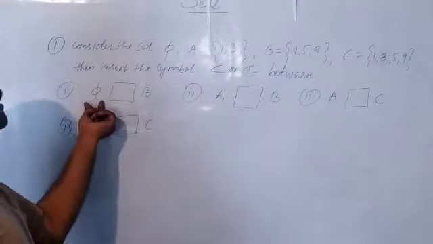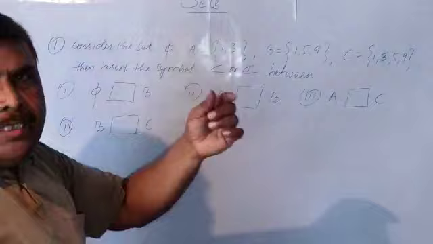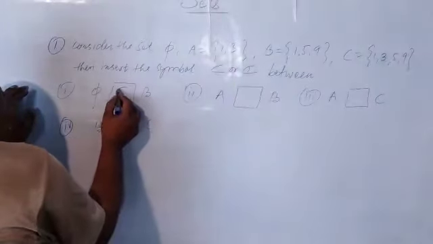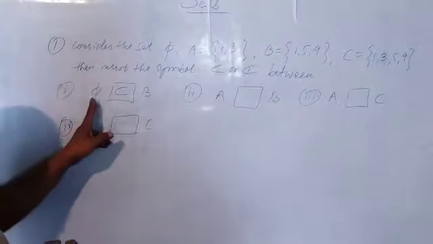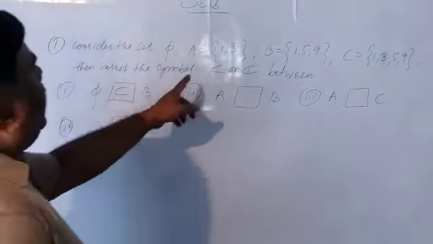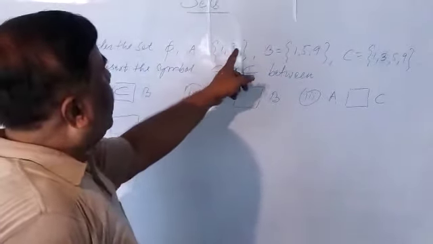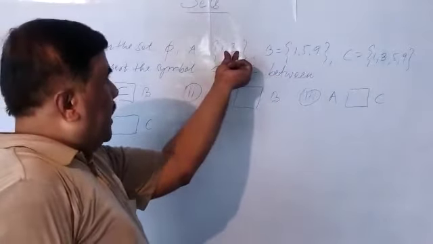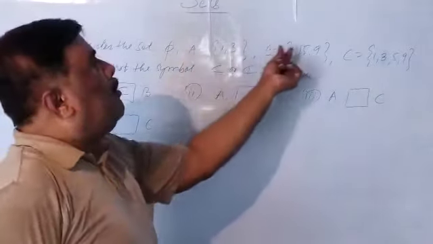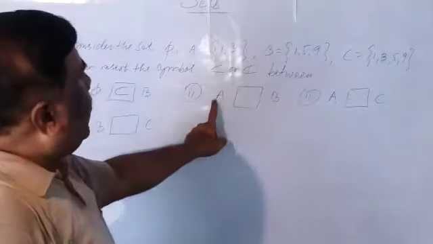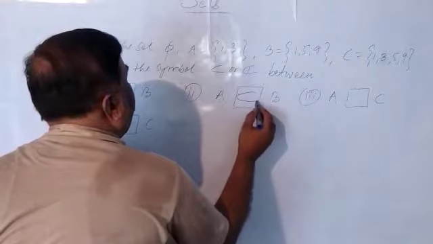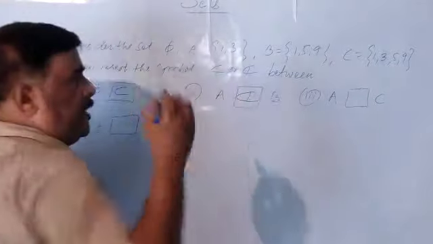Since phi is a subset of every set, we use the subset symbol here. A has elements 1, 3 and B has elements 1, 5, 9. It means 3 belongs to A but not to B, so A is not a subset of B, and we cross the symbol.